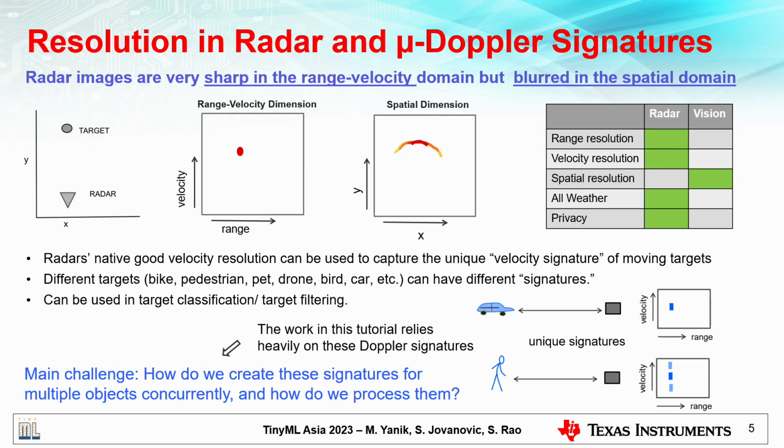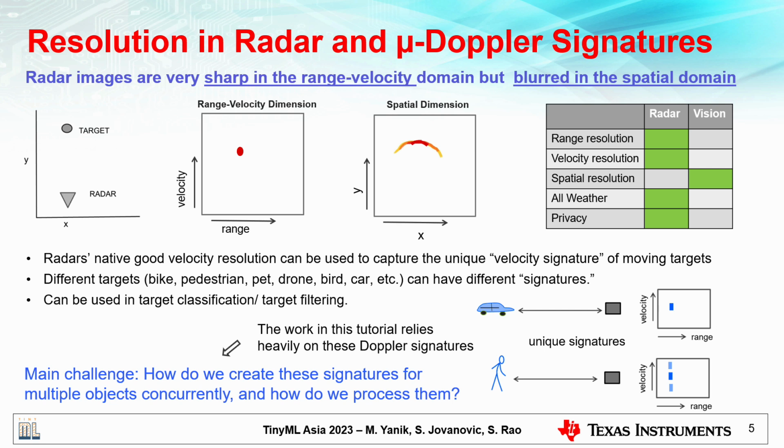If you compare radar with other sensing modalities like a camera, radar has low spatial resolution, but at the same time radar has unique sensing domains, which are velocity and range. So in this application, instead of using spatial domain information, we focused on the Doppler information coming from different targets, as I will show you in a few slides.